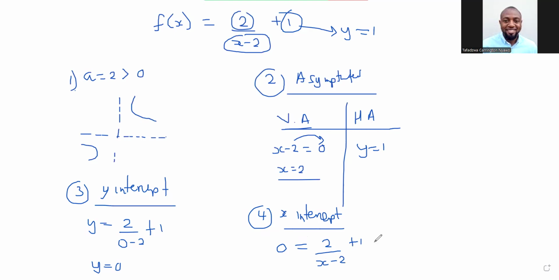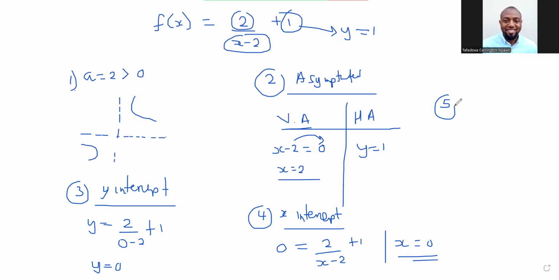If I solve it, you realize I'm going to get x is equal to 0. Okay, so I am done. Step 5, obviously, is going to be to draw the newly formed graph.